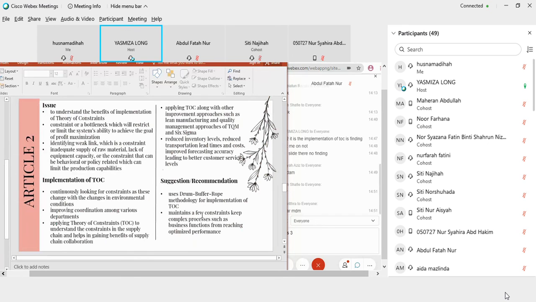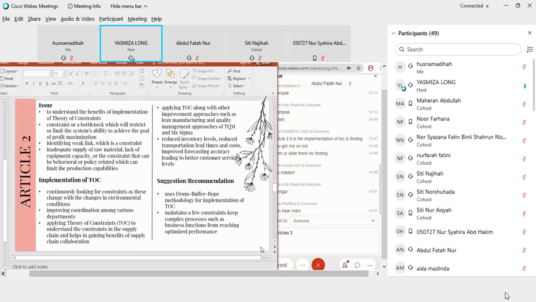That means the suggestion is they use the drum buffer rope, untuk dia overcome the issue in the supply chains. But I don't know is the implementation of TOC the finding or not lah. Anyhow, dah pukul 3 dah ni.